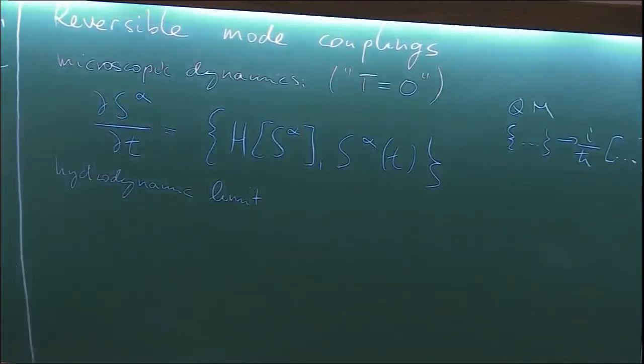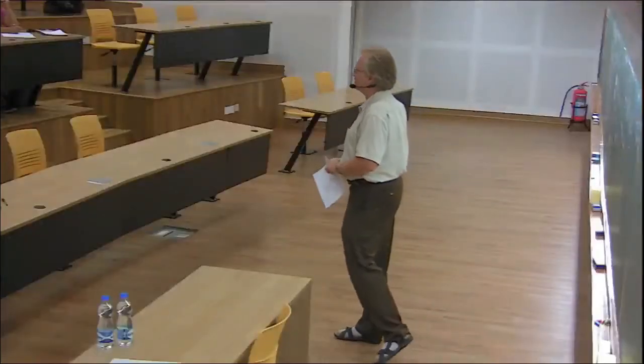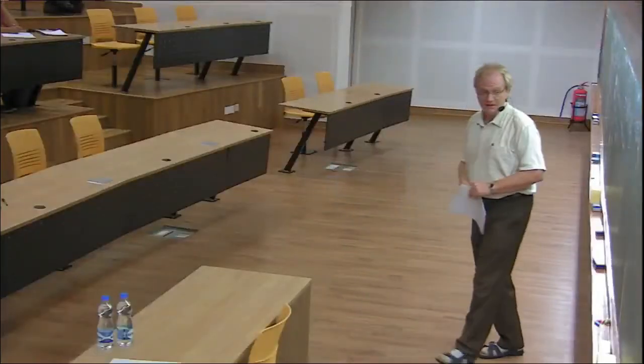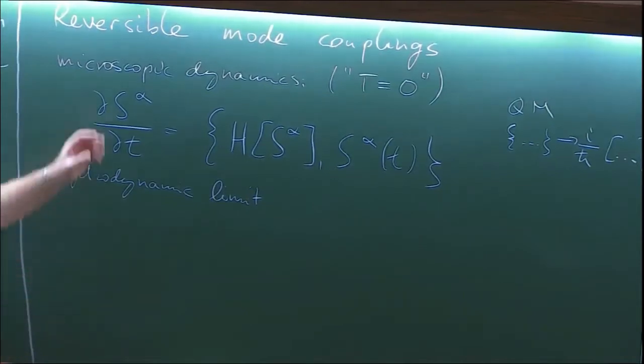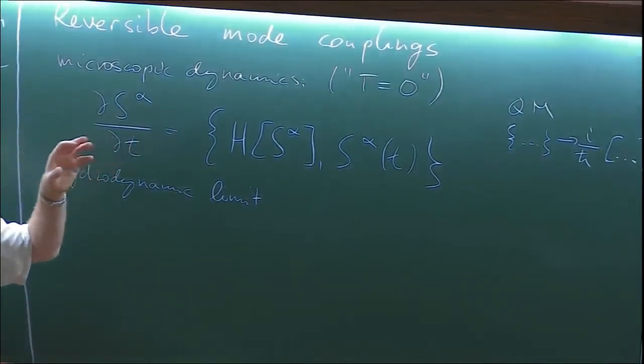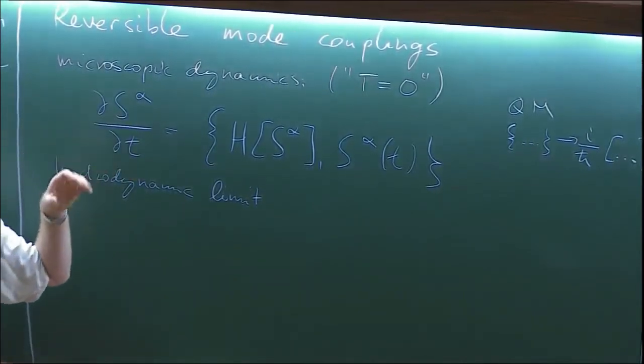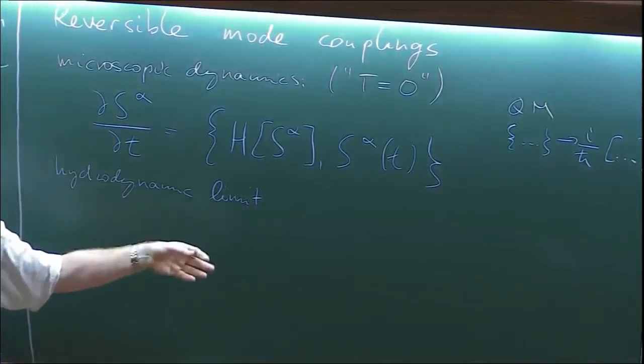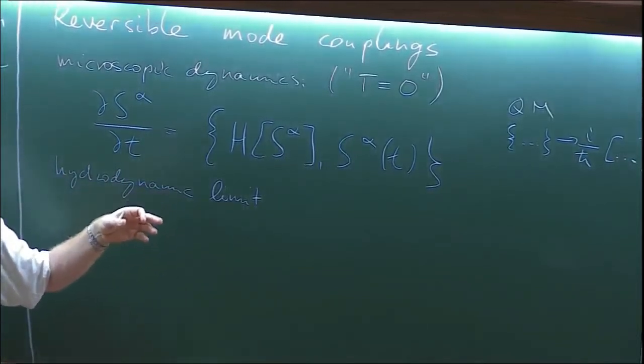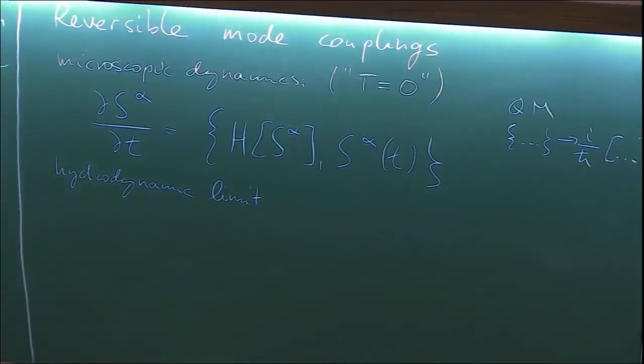And at this point I need to do a little hand waving. You can make this more explicit in what's called the Mori-Zwanzig formalism, but I'm not going to go through this. We are going to assume that the S alphas we've picked here are all the relevant mesoscopic hydrodynamic variables. Now that's very nicely and easily said, because that is the crux of this problem. If you do this, you solve your problem almost.